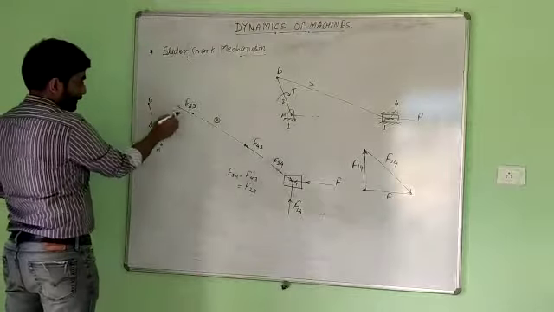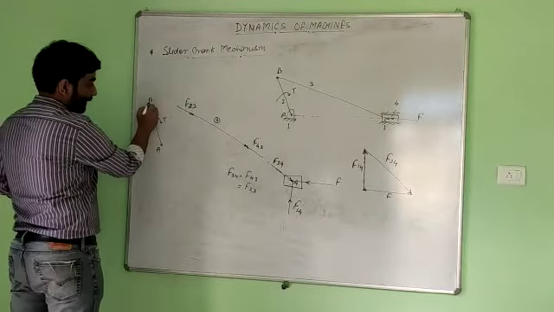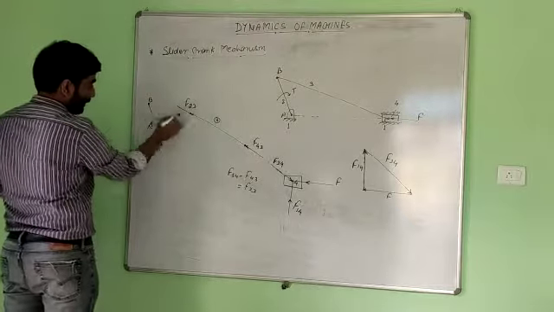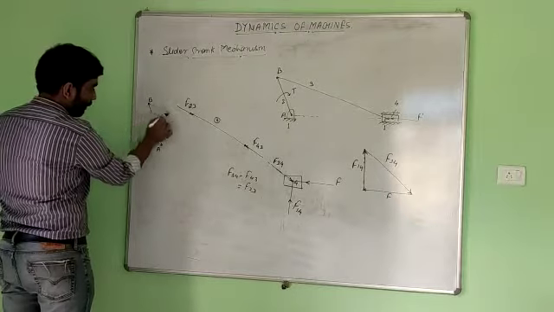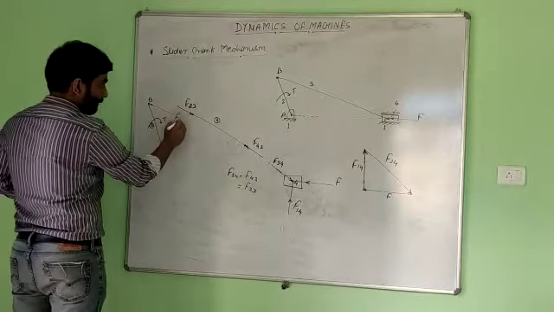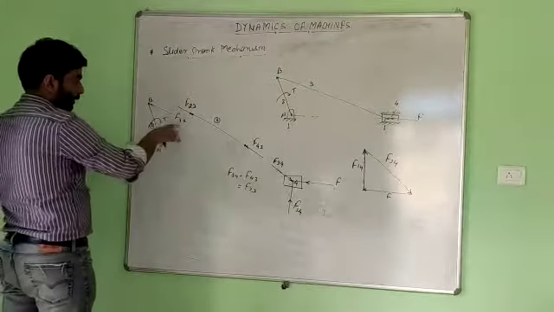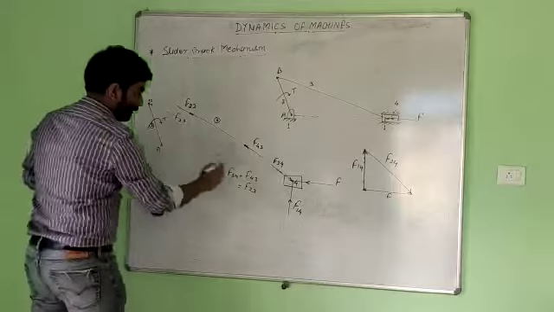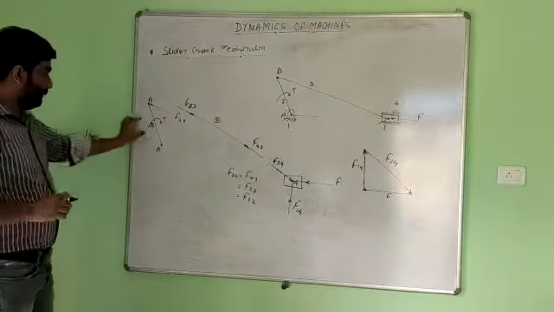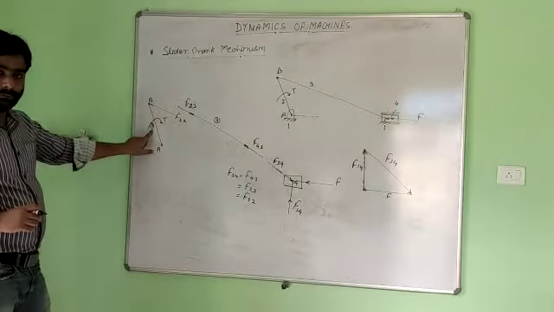Now on point B, we will have one force from link 3 along the same line of action. Draw a parallel force, and the amount of force will be equal to F32, by the member 3 on the member 2. Now we have member 2 subjected to two forces and a torque.